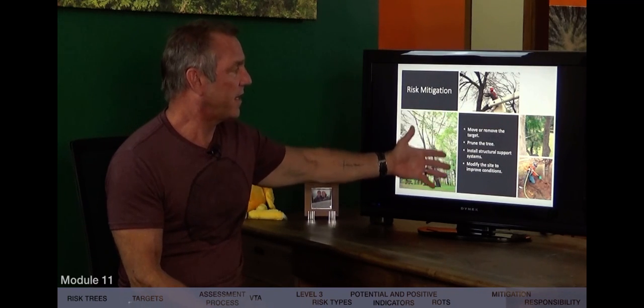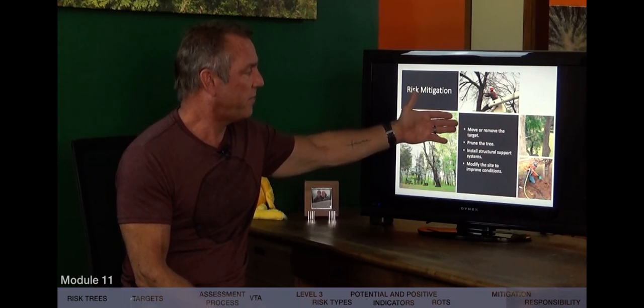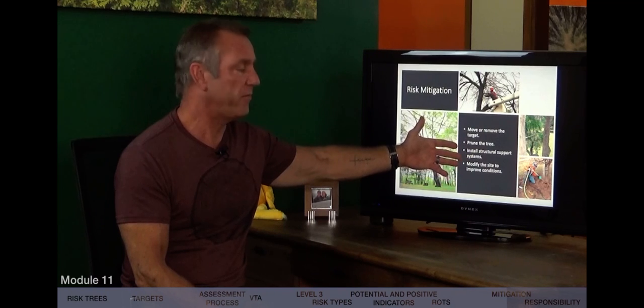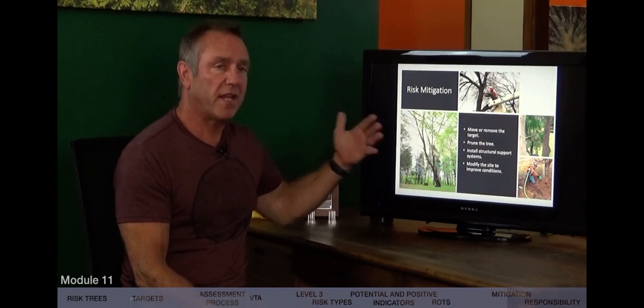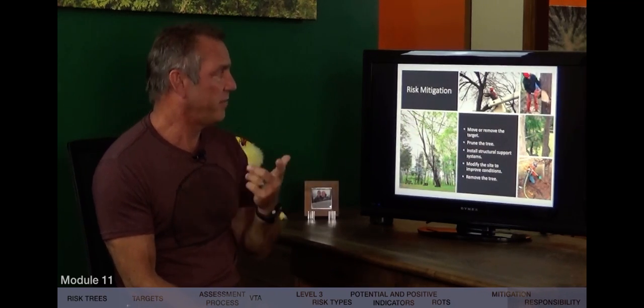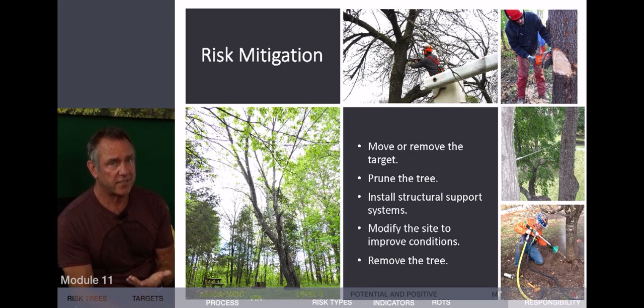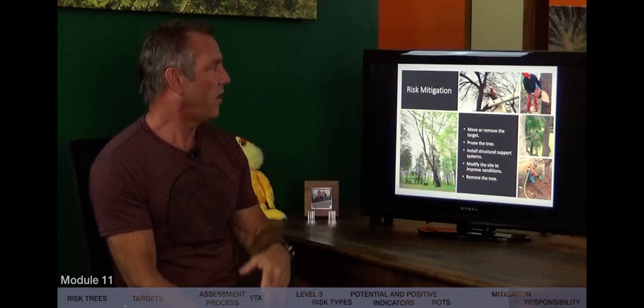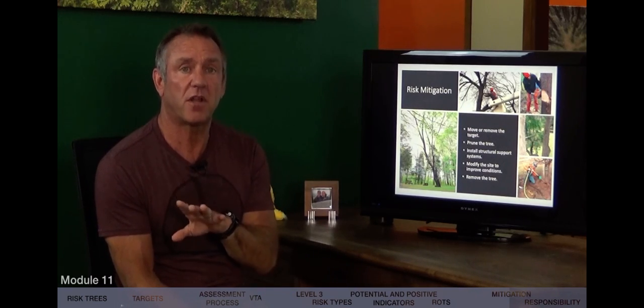These are all, again, target-based and tree-based types of mitigation. And the last and certainly least is removing the tree. That is a last-ditch effort to try to mitigate risk, and all of this is dependent upon the client.